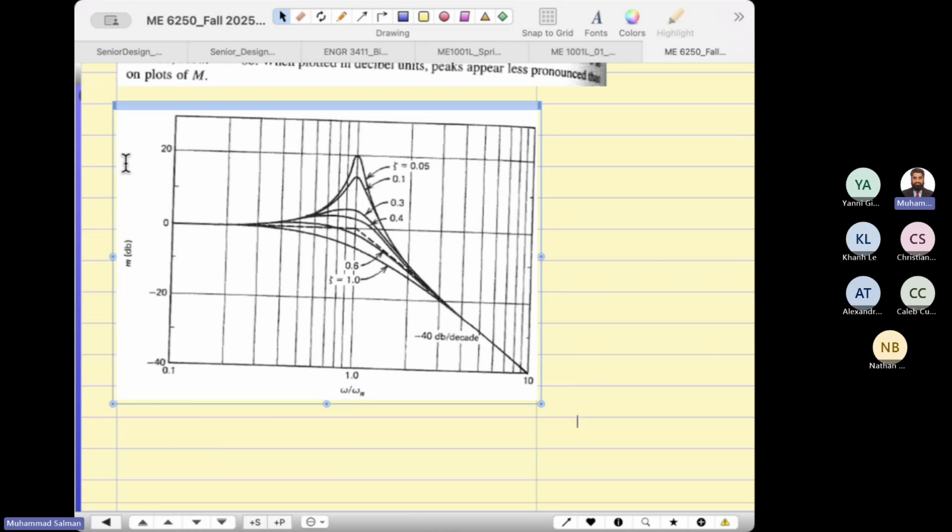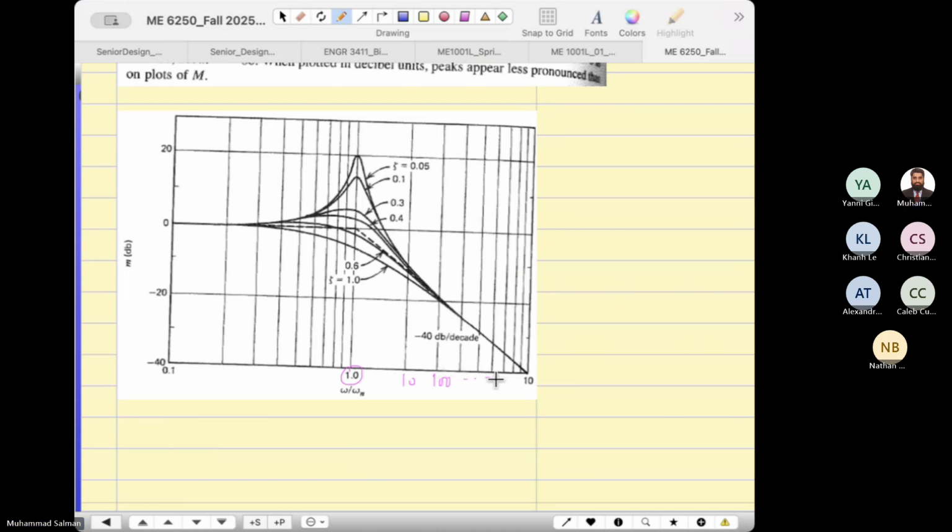So this is 1, this is 10, this is 100, this is 1000, and each is divided into 10 parts: 1, 2, 3, 4, 5, 6, 7, 8, 9, 10.